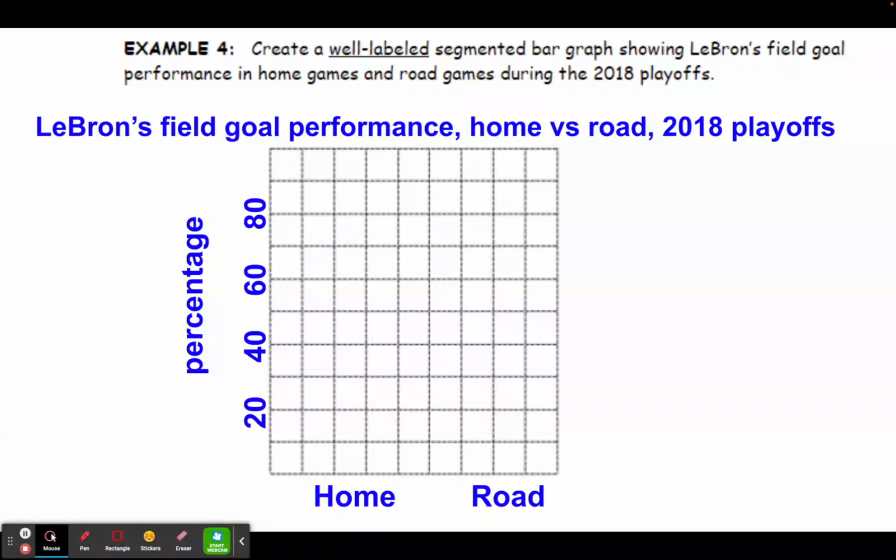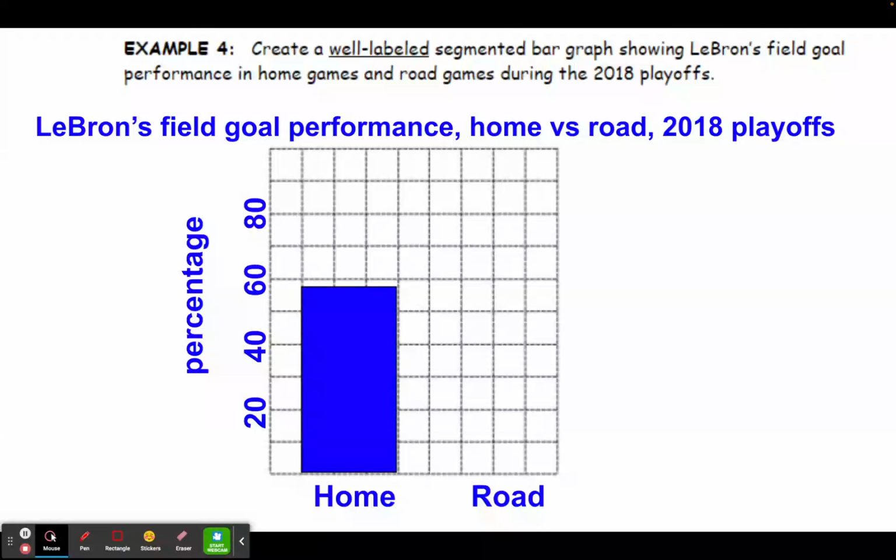We're going to set up our labels on the horizontal axis because remember, we're dividing our data into home and road. Now, instead of doing two separate bars, we're going to make one bar for home and one for road, and they're going to stack. So for example, in home games, if we look at the last bar graph, we know that he made 57% at home, and therefore he missed 43.